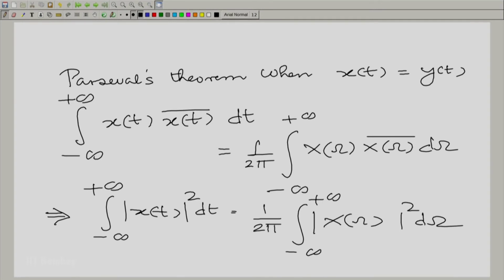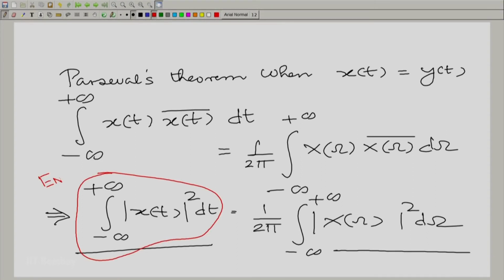So, I have a very beautiful interpretation of the square integral of the signal in time and the square integral of the signal in the frequency domain. And in fact, we should give this a name. We call this the energy in the signal.